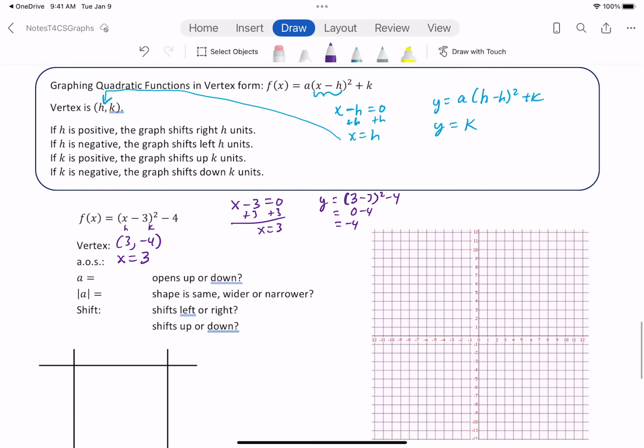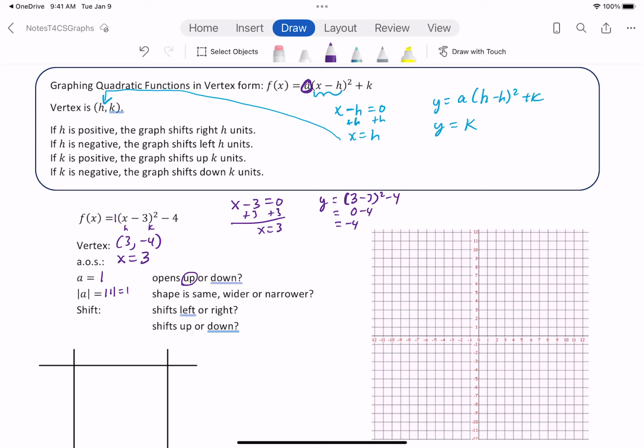Now remember, from my format, the a is what's outside of that squared term. And in this case, there's nothing there, so it's an implied 1, right? So that means for our problem, a is 1. And since it's positive, that means that it's going to open up. The absolute value of 1 is 1.